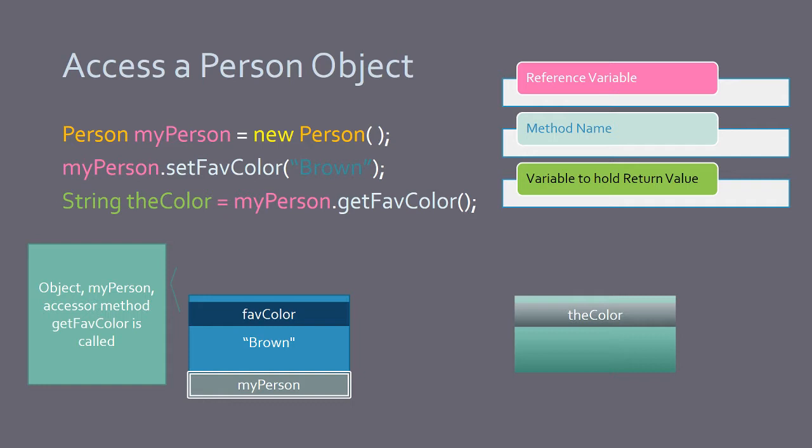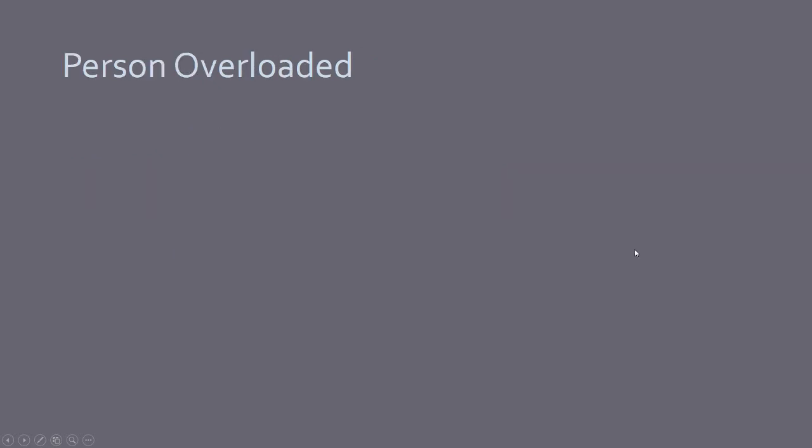So we're going to call our method getFaveColor, and it's going to return that value brown into our variable that we created. So now we've copied that information from our class to a variable that's outside of our class. That return keyword sent that data back, and we grabbed it and kept a hold of it.